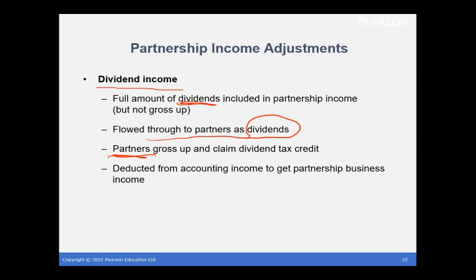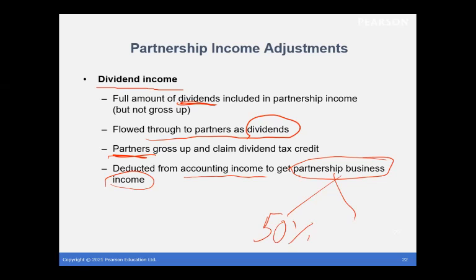And additionally, that's going to be deducted from your accounting income to get what we call partnership business income. So that's what we're trying to get to, because if we take a step back, ultimately we're going to have this partnership business income. And if you have two partners that are 50-50, we're going to split that income 50-50.